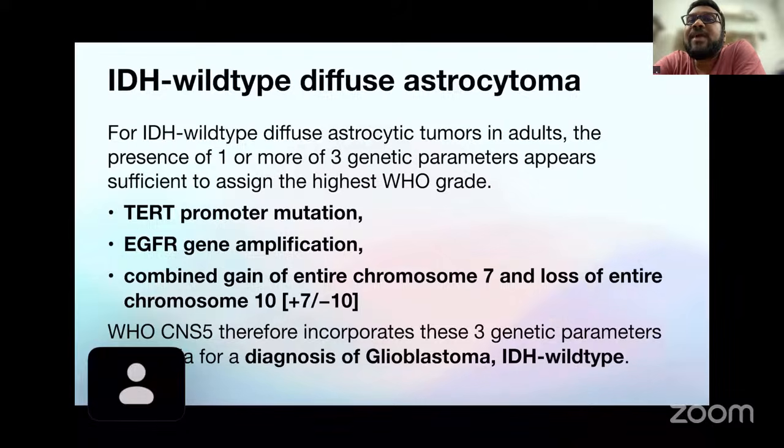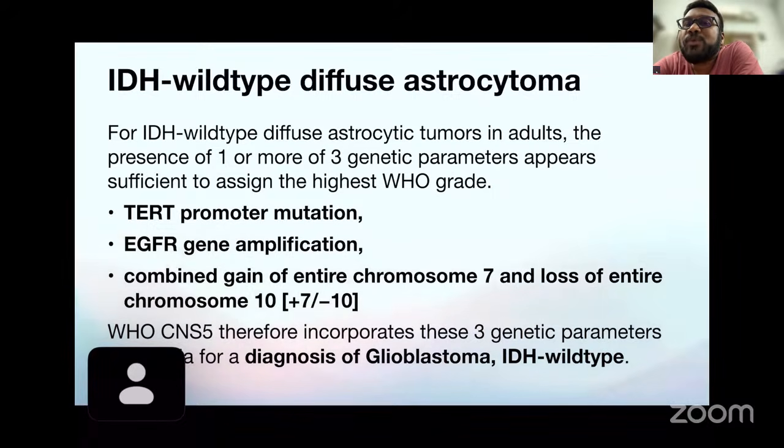And then we have the IDH wild type. So far we discussed IDH mutant. For the IDH wild type diffuse astrocytomas, the presence of one or more of the following genetic parameters is sufficient to grade it as the highest grade. What are they? First, TERT promoter mutation. Then EGFR gene amplification. Then combined gain of entire chromosome 7 and loss of entire chromosome 10.